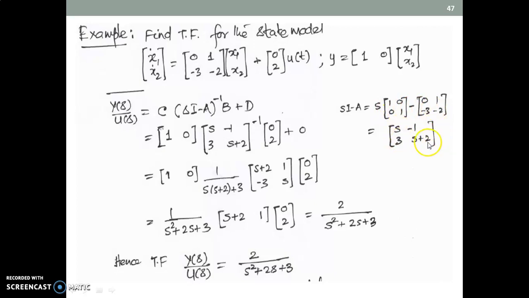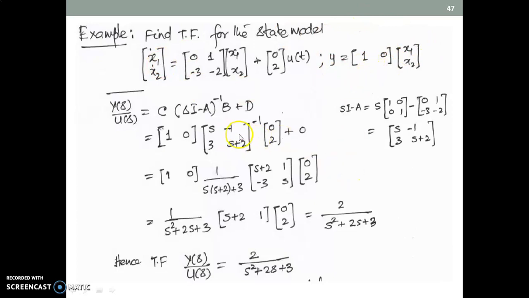This is sI minus A, and we need its inverse. So C is the row matrix 1 0, then this 2 by 2 matrix inverse, into B, which is 0 2, plus D, which is 0 in this statement.